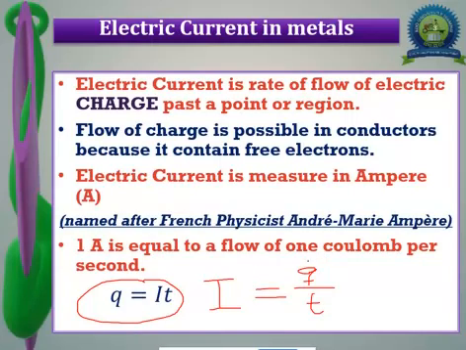So the flow of 1 coulomb, the quantity of charge per time in seconds, is what gives us 1 ampere of electricity.